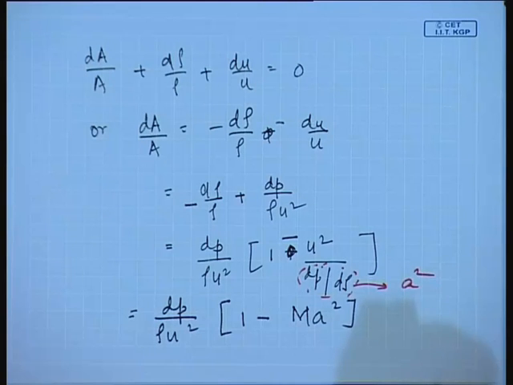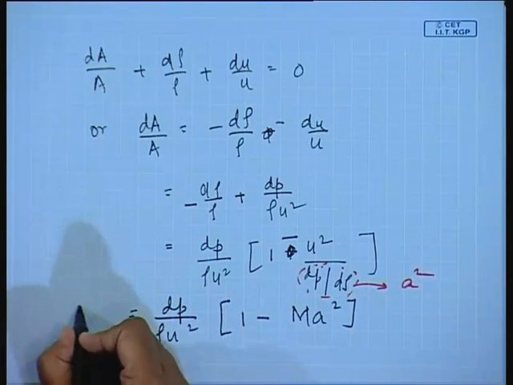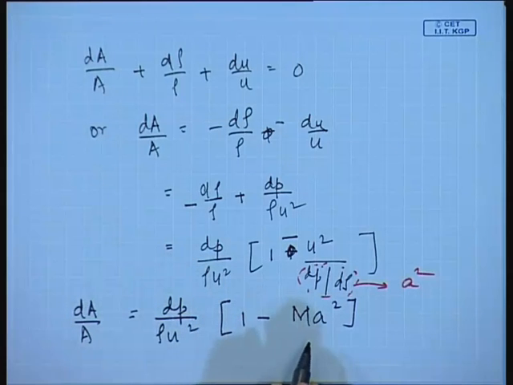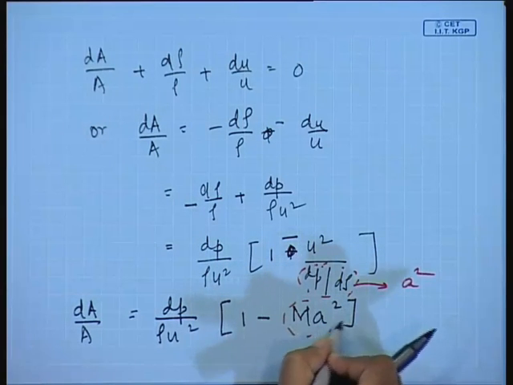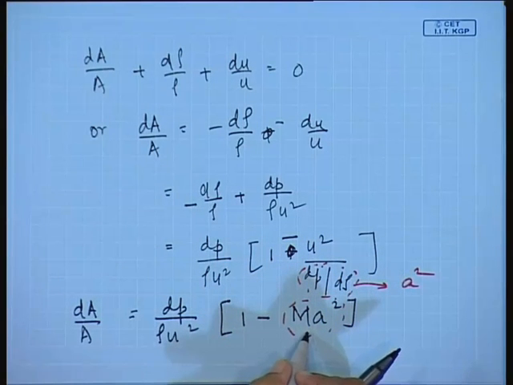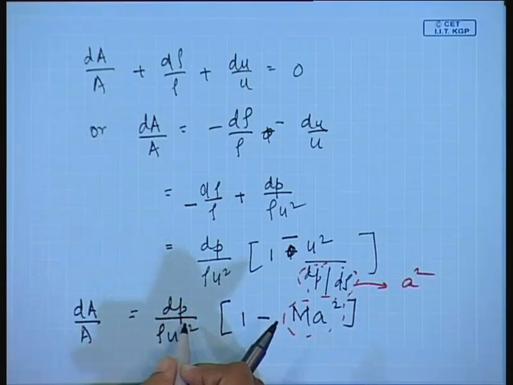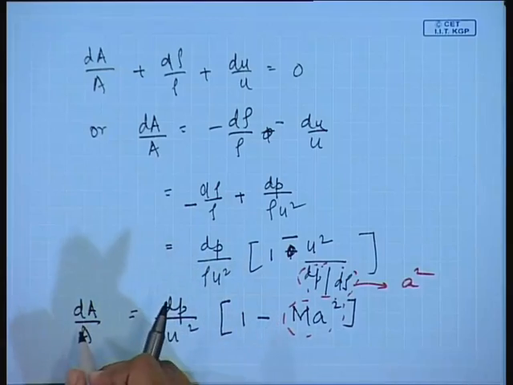isn't it? So, we find out that how pressure will change with area depends upon the Mach number. If the Mach number is less than 1, then a positive area change will give rise to a pressure increase, and a negative area change will give rise to a pressure decrease. Okay?